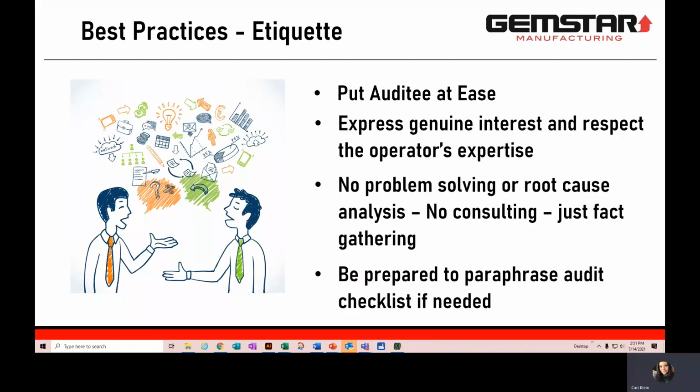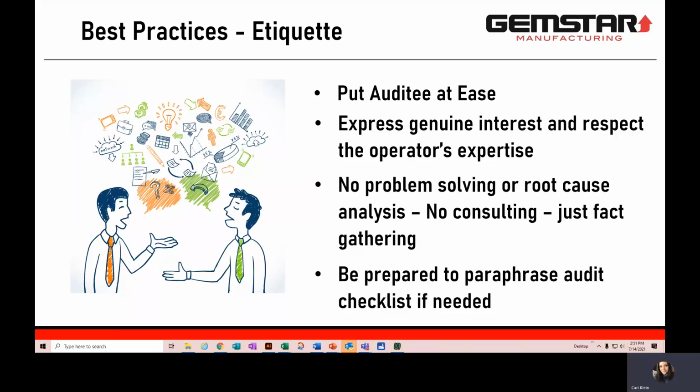As far as audit etiquette goes, we are wanting to stress that, and we're telling the shop floor employees this as well, that this is really informal. So it's important to put the auditee at ease. They have been prepped for this, but they may still be nervous seeing you on the shop floor.